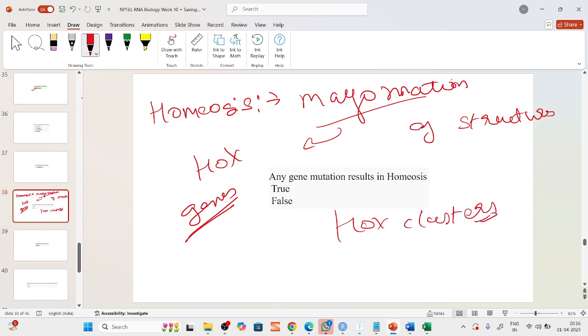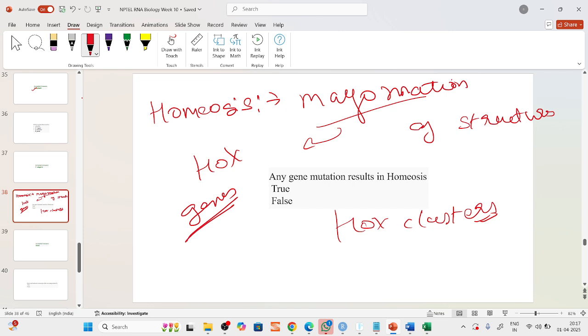So not all gene mutations will result in homeosis. Homeotic transformations specifically occur due to mutation in Hox genes or genes which are involved in body patterning or segment identity during development.